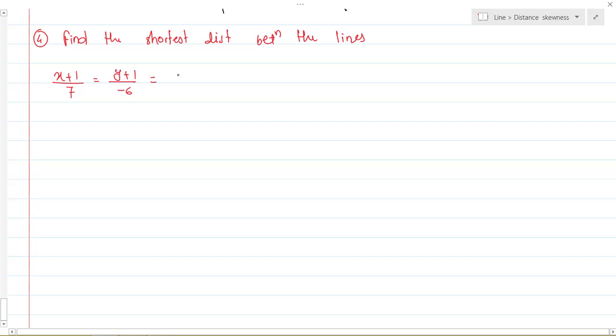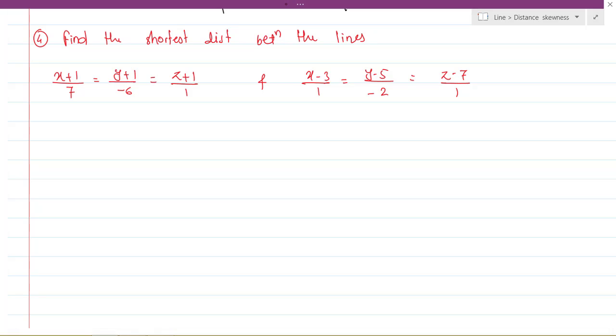So we have to find the distance between these two lines.